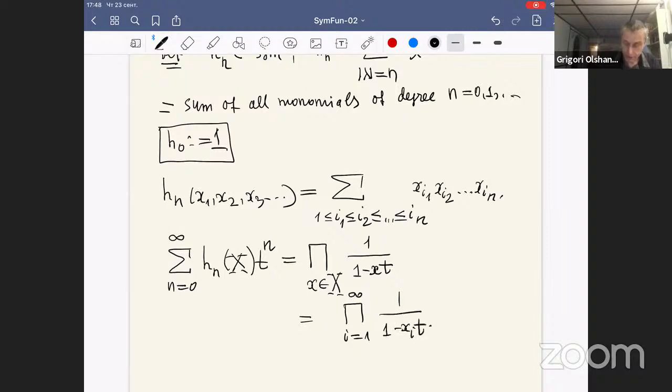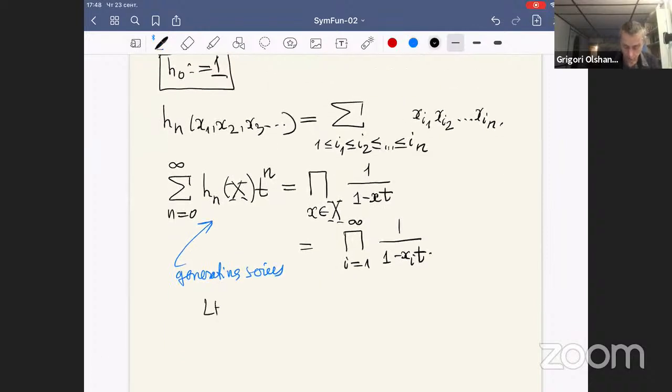So this is a generating series. Both sides can be viewed as being in the algebra. One can say we add formal power series in t. So please keep in mind the generating series.